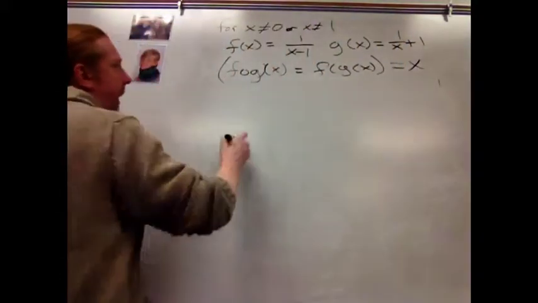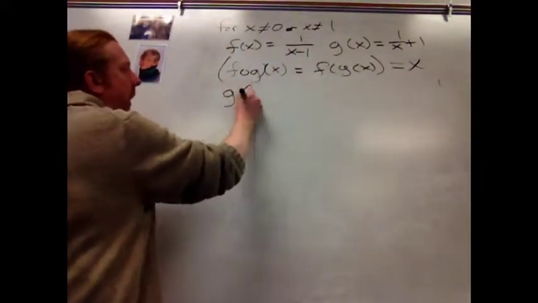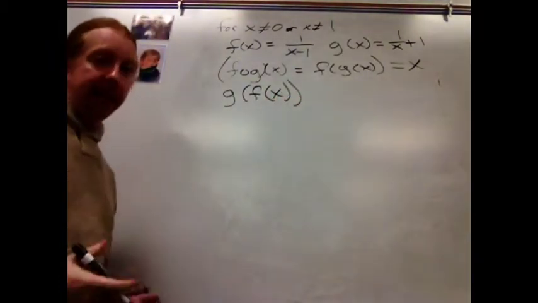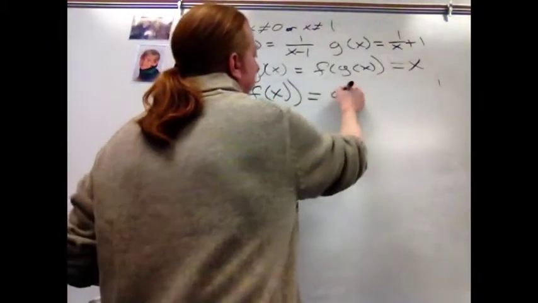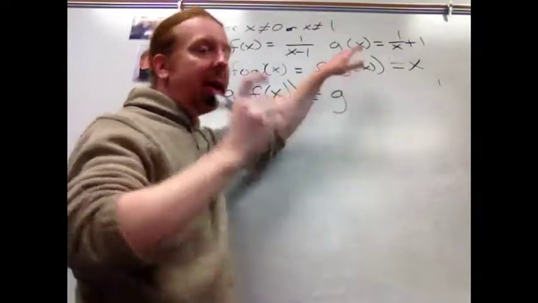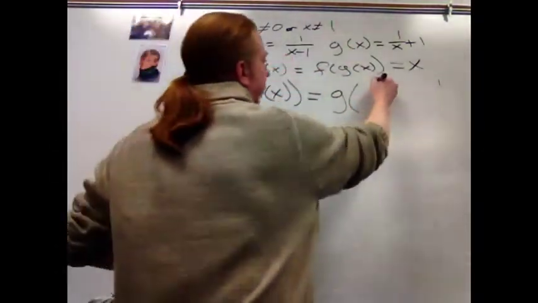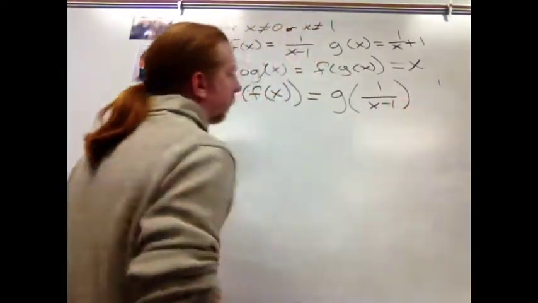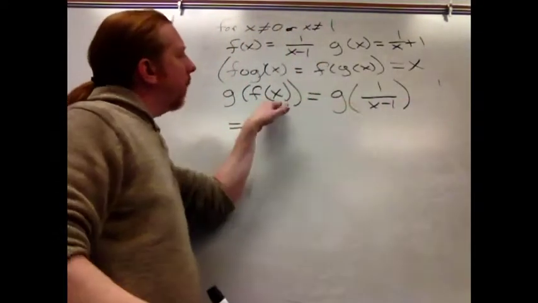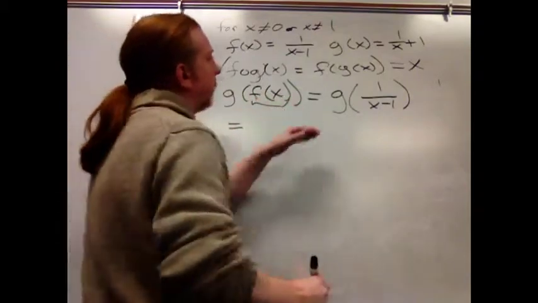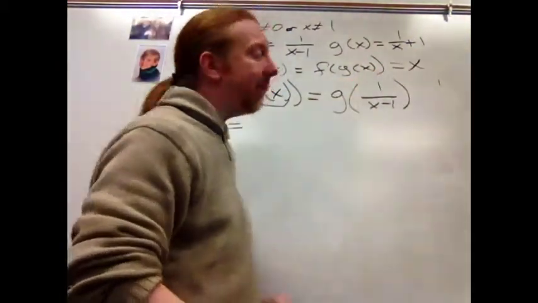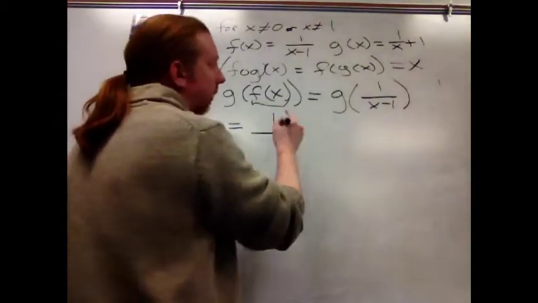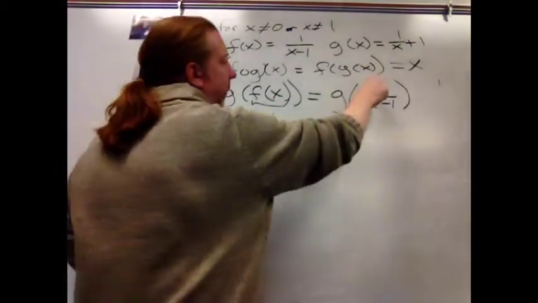So now we need to test, what is g of f of x? What does that yield? So in the g function, I'm going to substitute f. So where I see a variable in my g function, I'm going to replace that with this. So that means I'm going to say 1 over x, which is this fella.